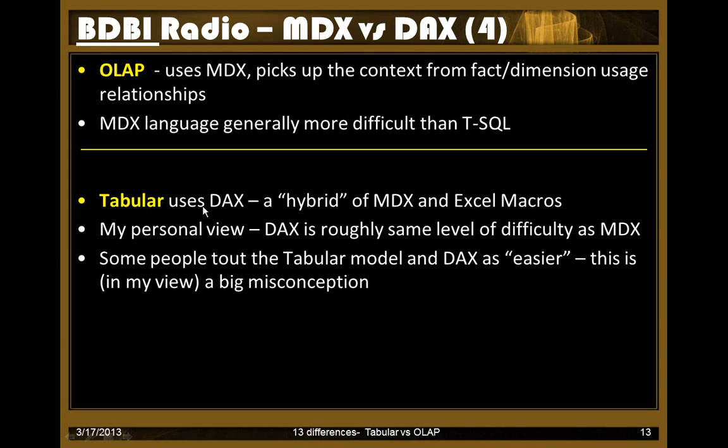Well, believe it or not, if you build a tabular model, deploy it, and then build a Reporting Services report against it, Reporting Services behind the scenes generates MDX. I'll explain why a little bit later. So we'll see that in a later bullet point in this presentation.